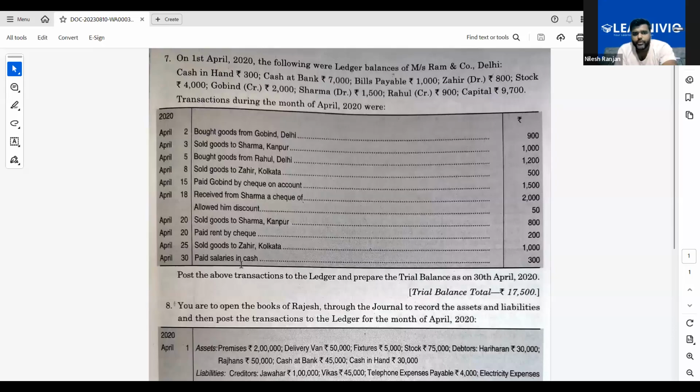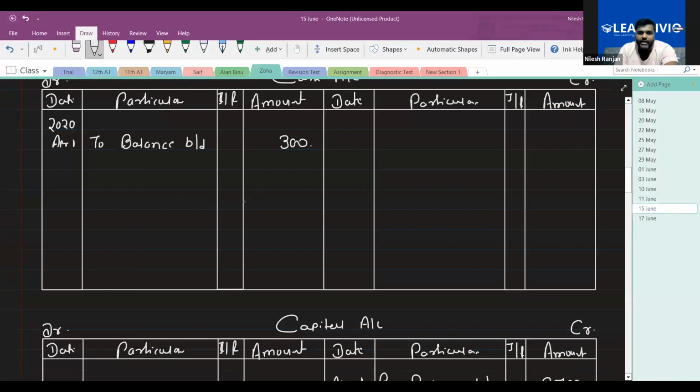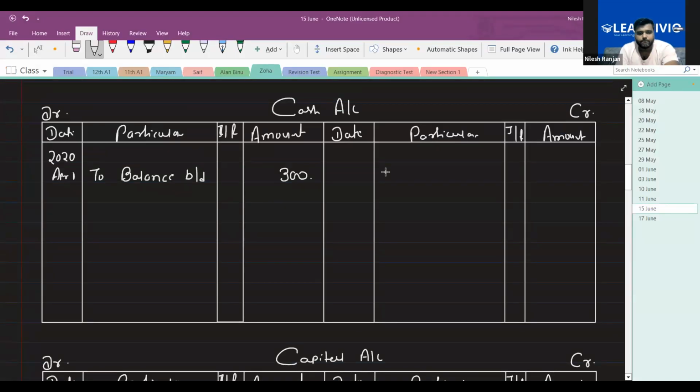Then sold goods to Jahir, paid salary in cash. Now salary is in cash, so it will go in the cash account. The transaction is on April 30th, by salary 300.